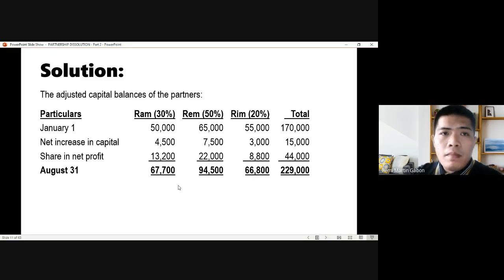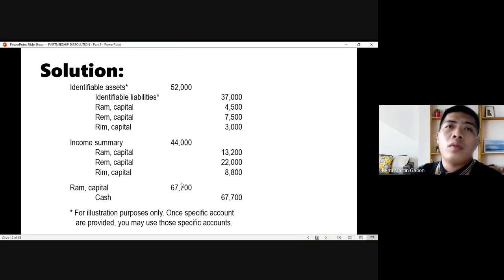Okay. Then we journalize and account for the retiring of Ram, since we have to account for his retirement. We have the first journal entry to recognize the adjustment of the assets and liabilities and the capital of the partners in connection with the net increase of the net asset. So let's have a debit to identifiable asset for 52,000 and credit identifiable liabilities for 37,000.